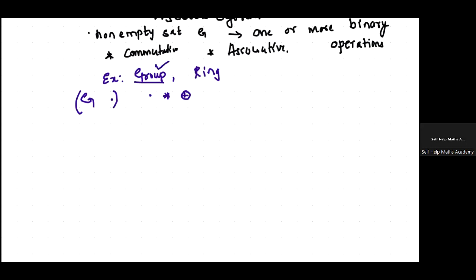So what are the properties? The first property is the closure property.